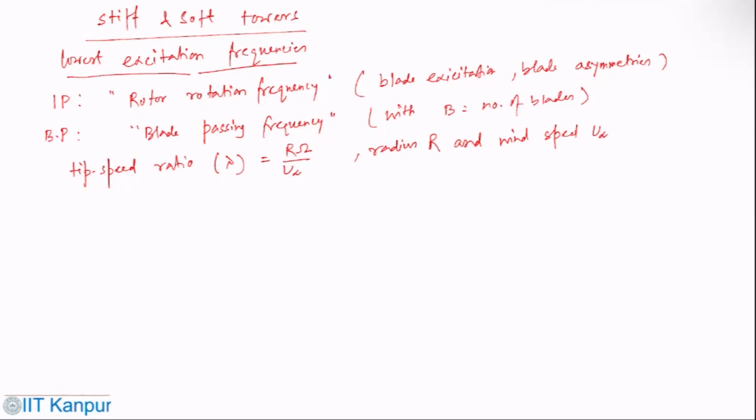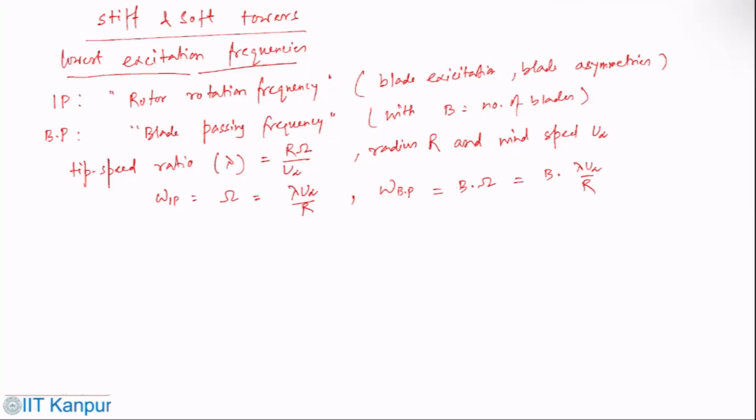So what we have, W1P would be omega which is lambda U infinity by R. And similarly, WBP is B dot omega, that means B into lambda U infinity by R.